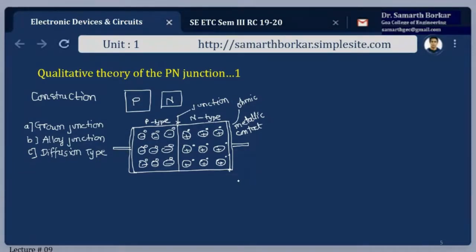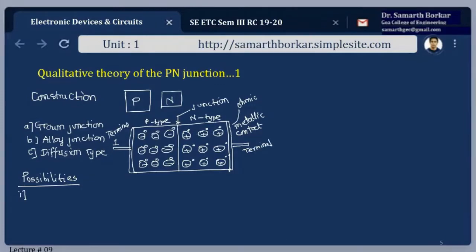Now we are going to have three possibilities here. First, I'm not going to apply any voltage across these two terminals. Let us mark this as terminal 1 and this as terminal 2.